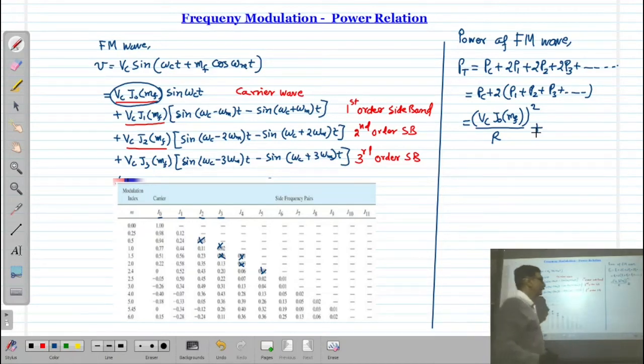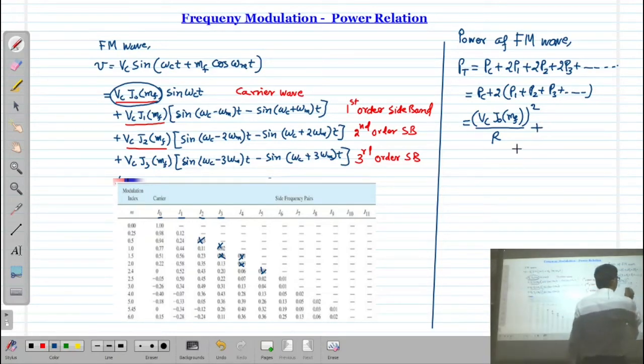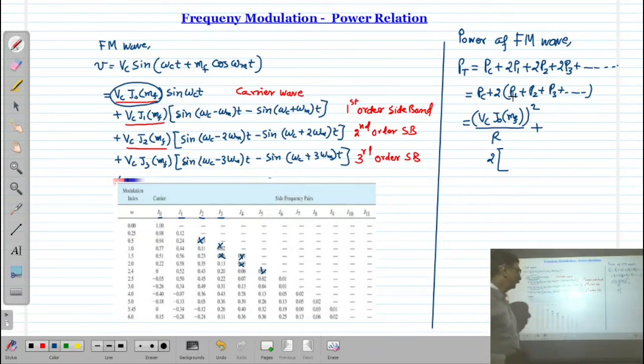In the same way, we can write 2 into bracket, the power of the first order sideband. And what is the amplitude of the first order? Vc into J1.